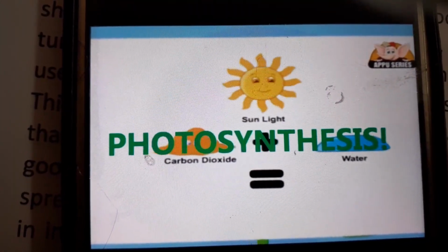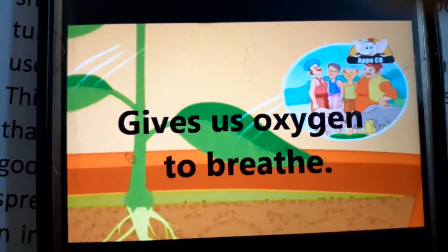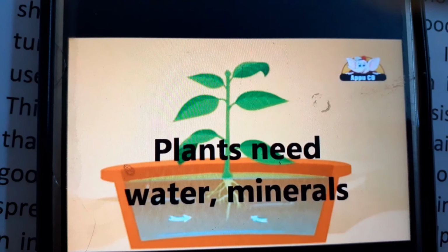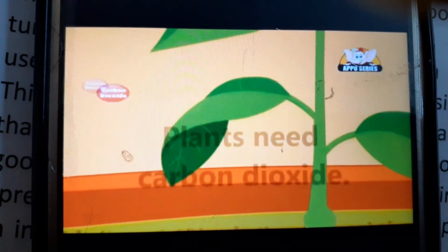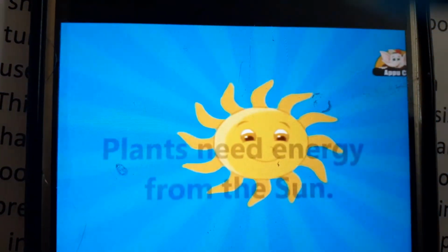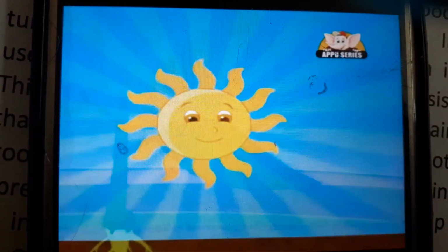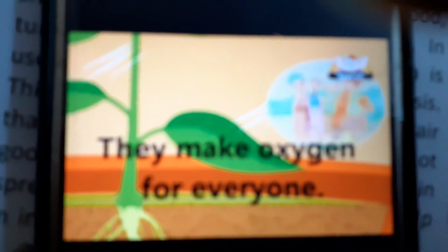Photosynthesis gives us oxygen to breathe. Plants need water, minerals and light. Plants need carbon dioxide. Plants need energy from the sun. They make oxygen for everyone.